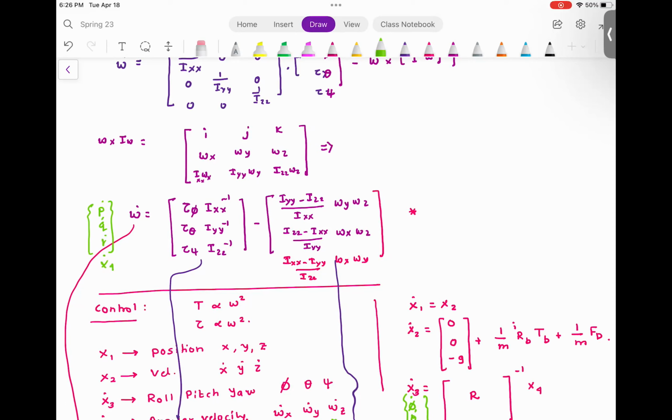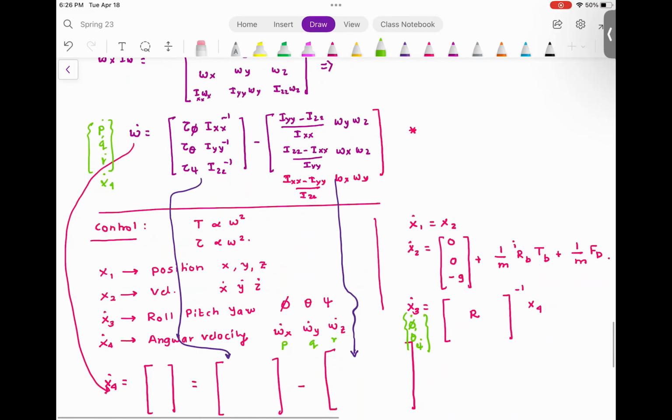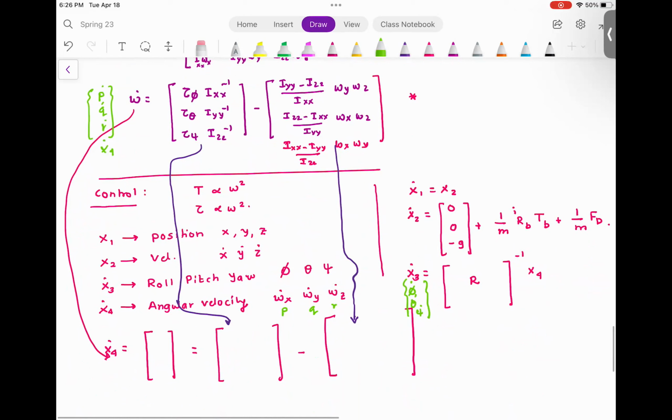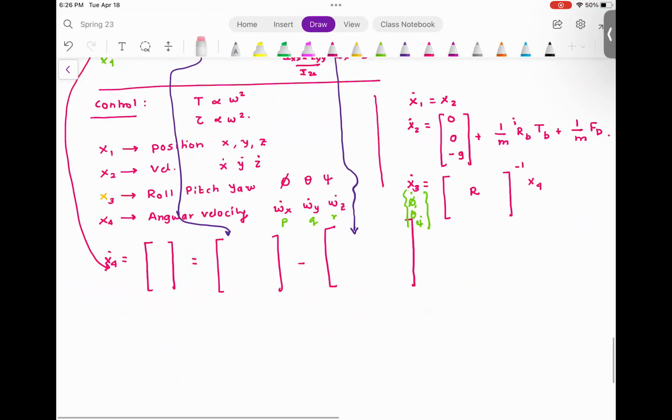So this equation comes over here. x3 is the roll, pitch, yaw, and x4 is the angular velocity, which is P, Q, R, the body angular velocity. So now I have these equations, and these equations are needed to come up with a control.